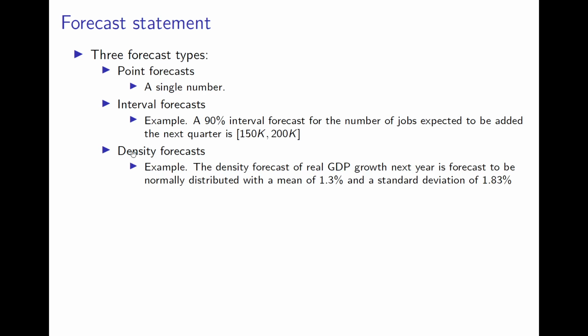The exotic sort of forecast would be a density forecast. So if instead of giving a point and an interval, I give you something really strong and I say it actually is normally distributed with a particular mean and a particular standard deviation, or variance, in the case of the normal distribution. Saying that it is normal tells you everything there is to know about the shape of the possibilities, and saying the mean and the standard deviation tells you exactly which normal distribution that's going to be.